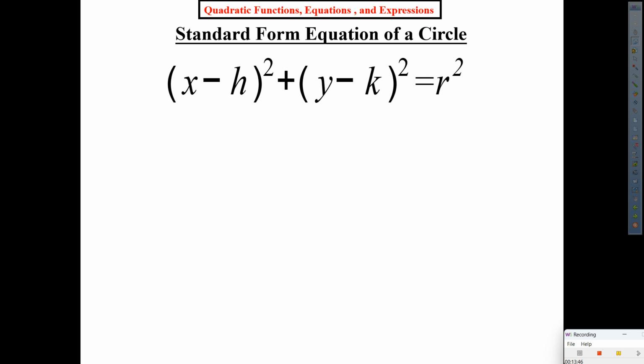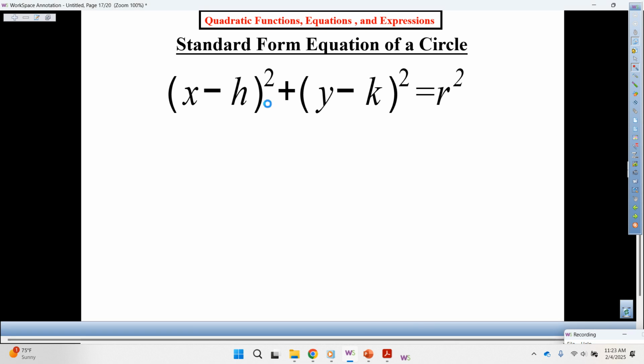That should be on your screen as well. We're going to be using this form, and we can actually use this form as well to do transformations.